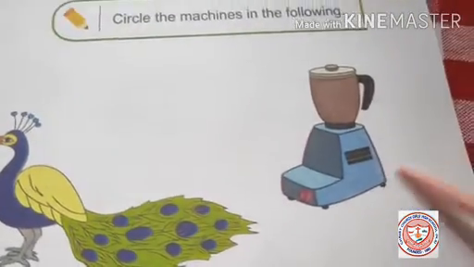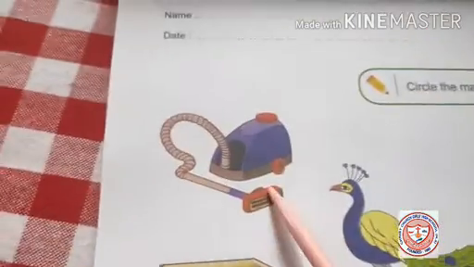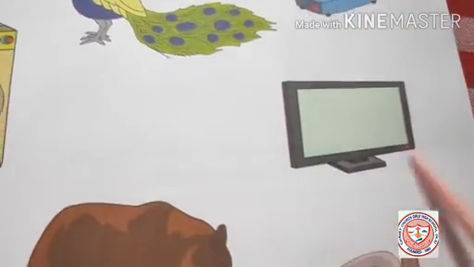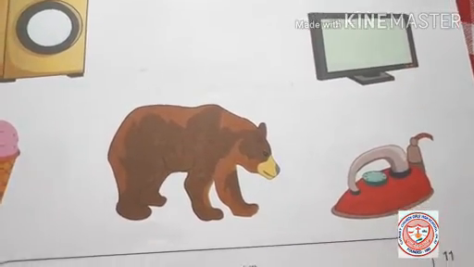So first we have to circle the mixer grinder, then vacuum cleaner, then washing machine, and then television. And the last one is iron.